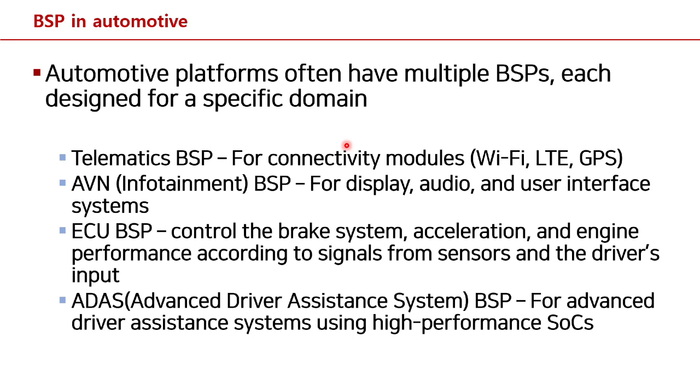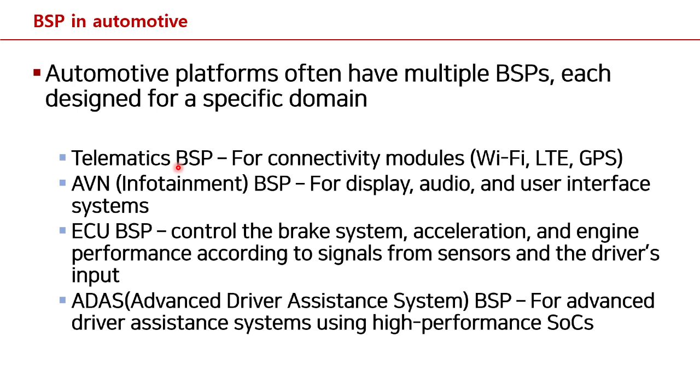So if you are starting your career as a BSP engineer in the automotive sector, I'm sure that you will probably get involved in four types of projects. The first type of project is telematics BSP.